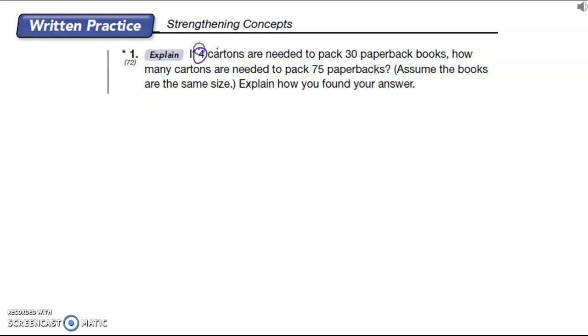It says if 4 cartons are needed to pack 30 paperback books, how many cartons are needed to pack 75 paperback books? So I'm going to use a case 1, case 2 ratio box here.